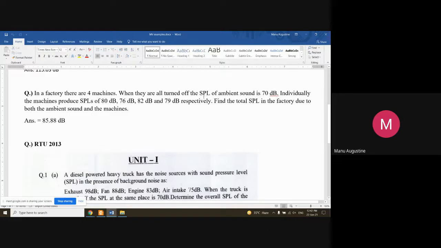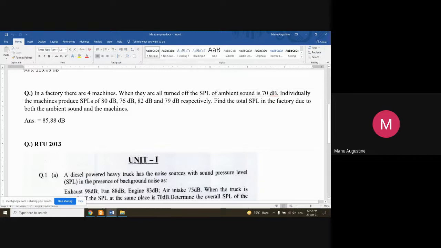So this question says, when everything is turned off inside a factory, still there is some peripheral sound that is coming inside the factory, and the SPL of that peripheral or ambient sound is 70 decibels.